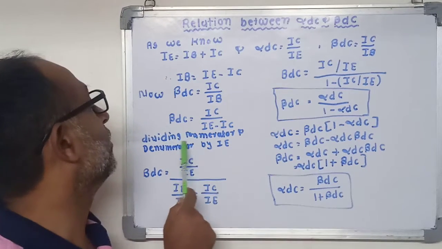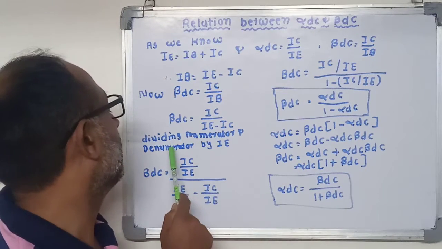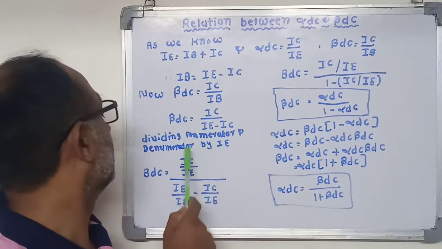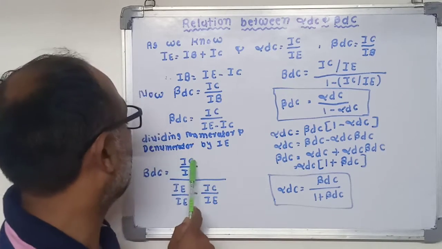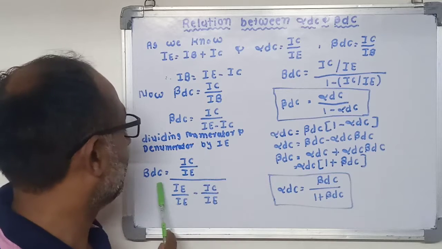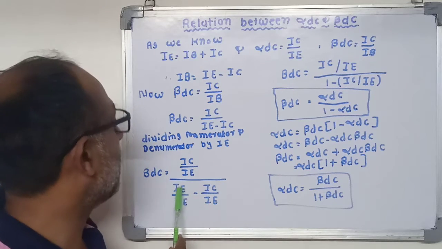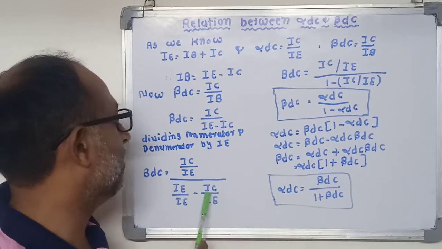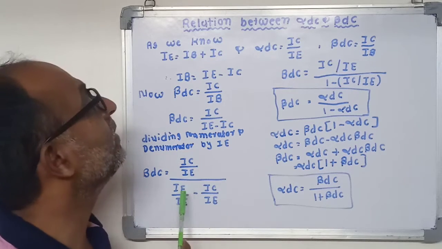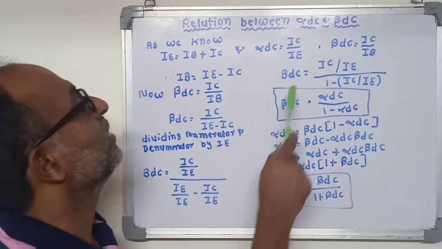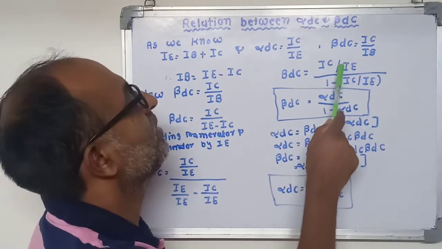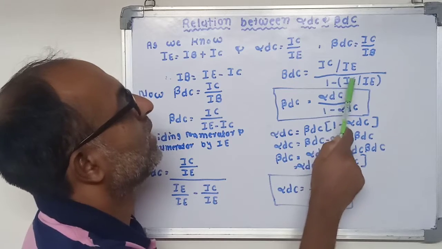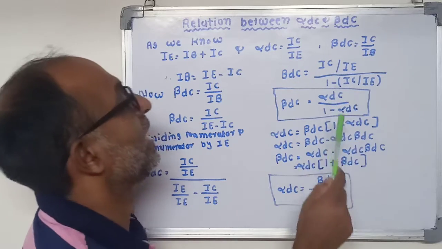Now divide the numerator and denominator by IE of the above equation. So beta DC is equal to IC divided by IE, whole divided by IE divided by IE minus IC divided by IE. IE divided by IE gives 1. So we get beta DC is equal to IC divided by IE, whole divided by 1 minus IC divided by IE.